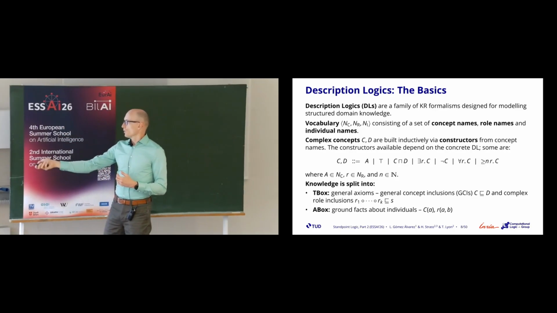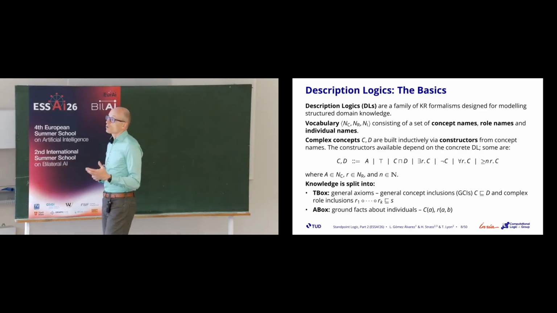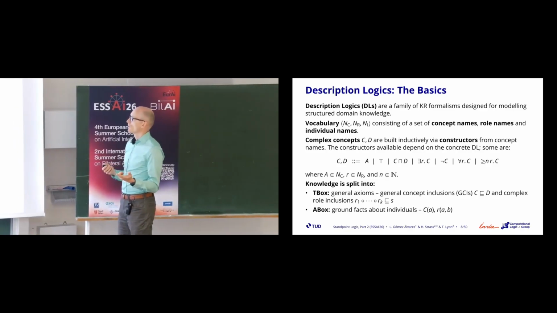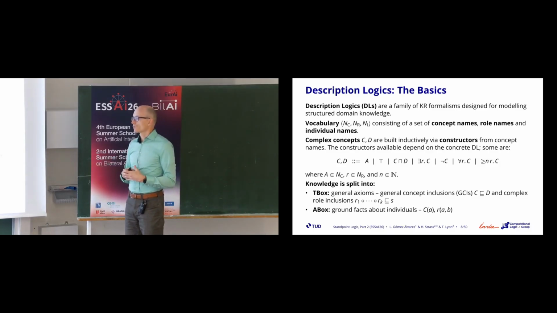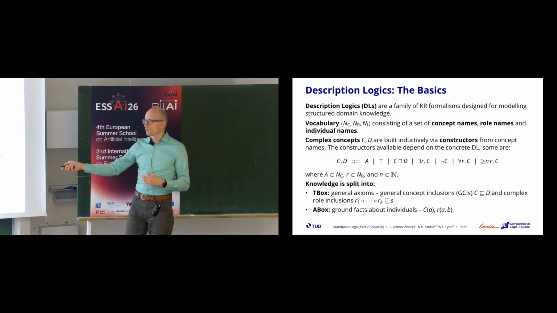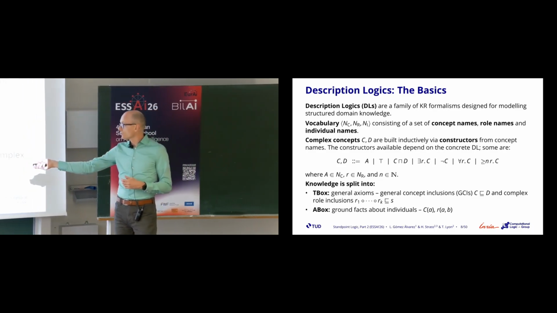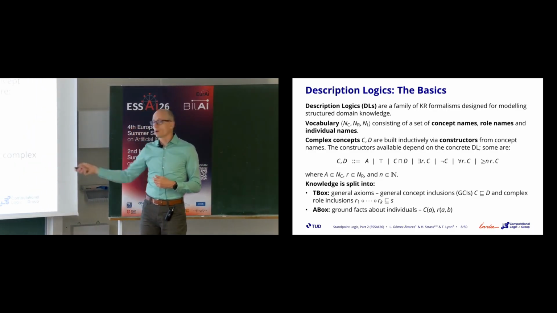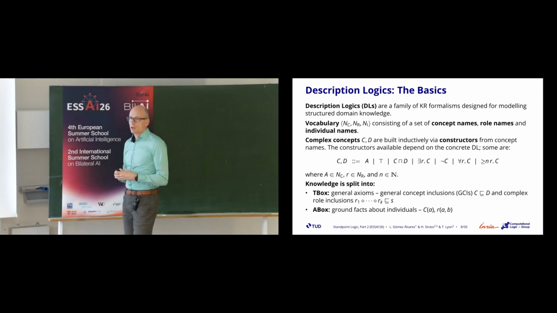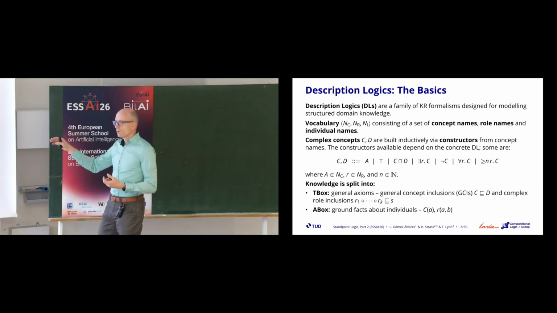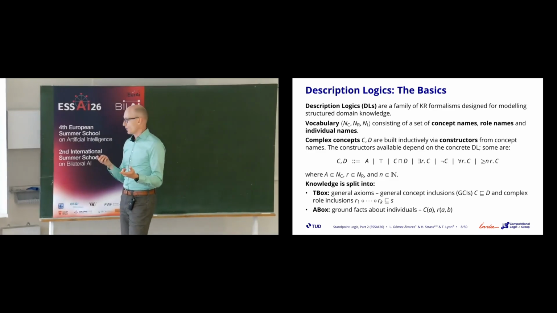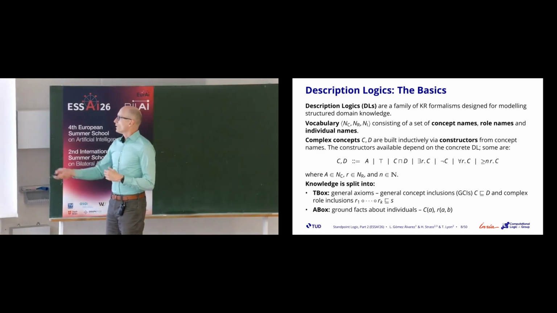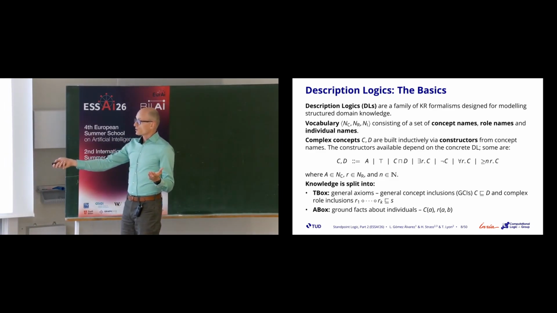But sometimes these more complex role inclusions are also allowed. The useful thing is that, for example, you can use it to express that a role must be transitive. If you write R circle R is subsumed by R, then basically you say anything that you can do in 2 steps, you can already do in 1 step, giving you a transitive role in the end. So that's the terminological box, the T box.